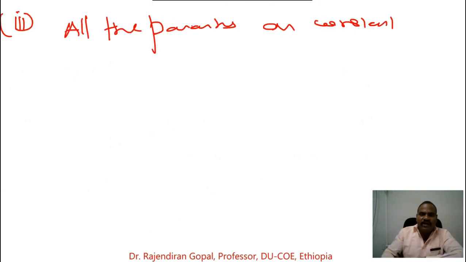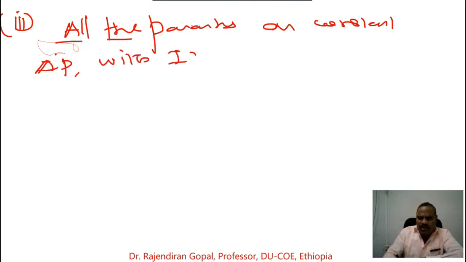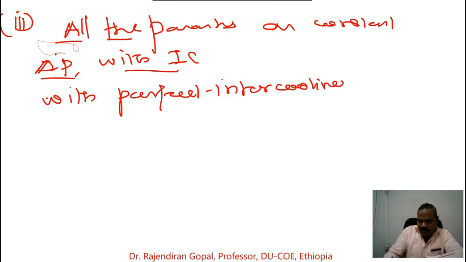Then the third question is, assuming all parameters are constant, the increase in the power output with the intercooler. Assume that with perfect intercooling, the inlet temperature to the engine is equal to 291 Kelvin.